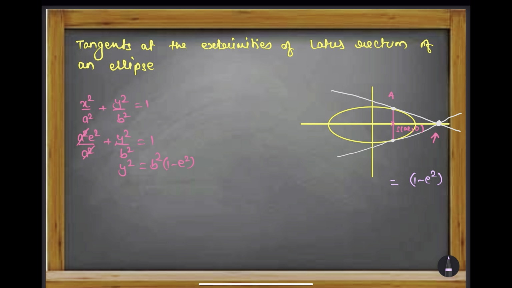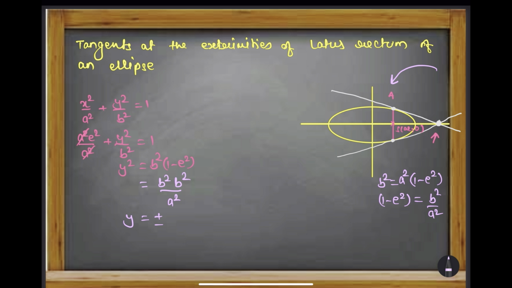The thing which is bigger will go inside. So for this case it is a, so a square will go inside. So we have b square. So can I say that 1 minus e square will be equal to b square by a square? So let's simplify. So it would become b square by a square, so it would become what?